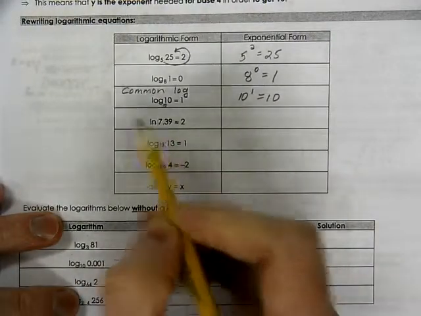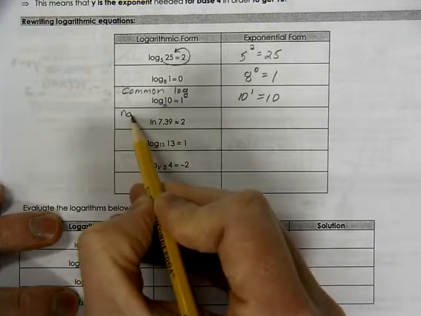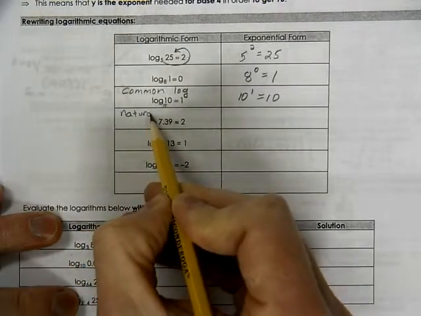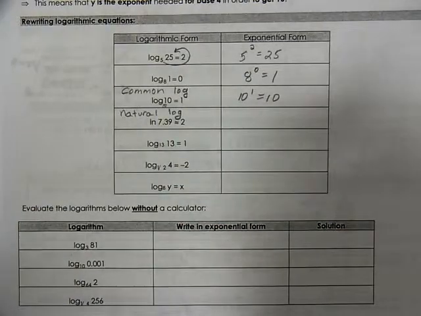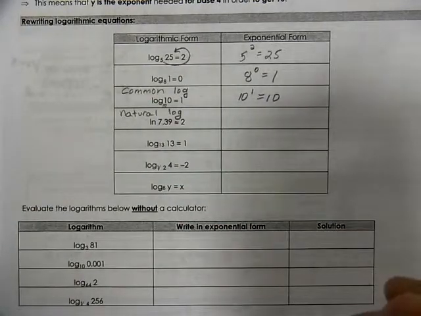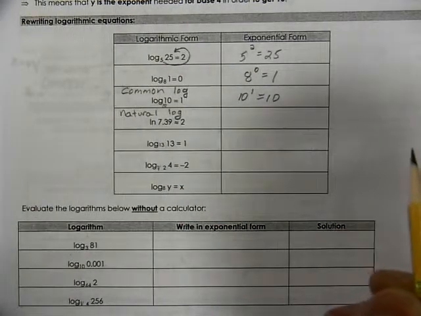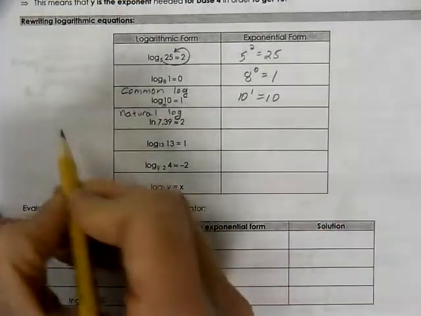ln, that's considered natural log. That's also a key on your calculator. That's the same thing as a logarithm with base e.